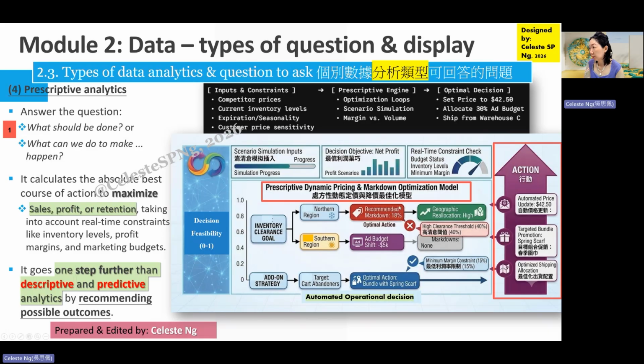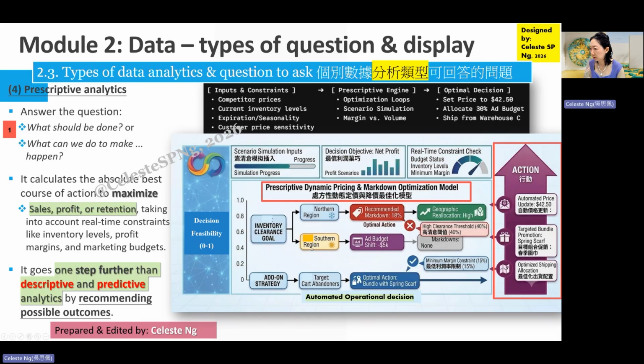It means that product may be delivered to various parts under this northern region. That's what it meant by geographic reallocation is high, right? It means this could be a very big region.